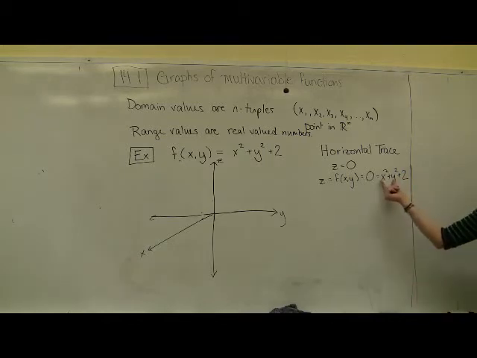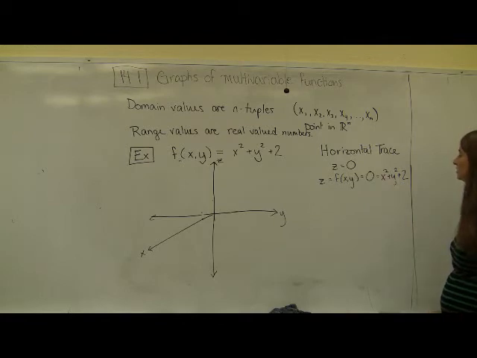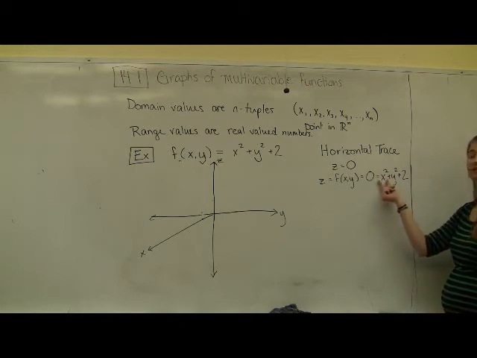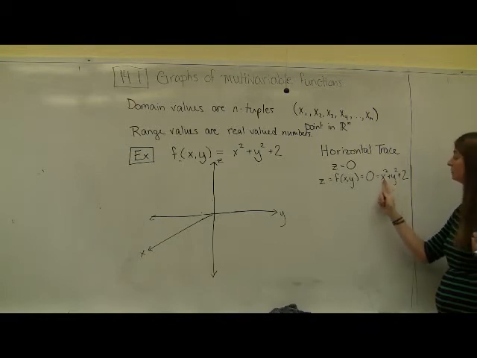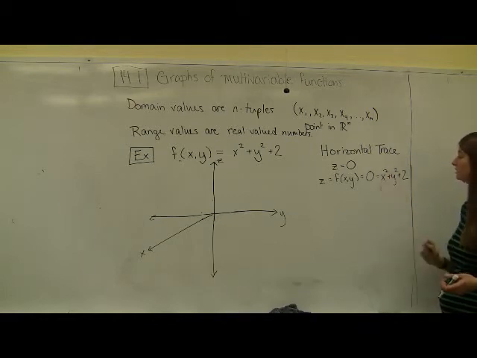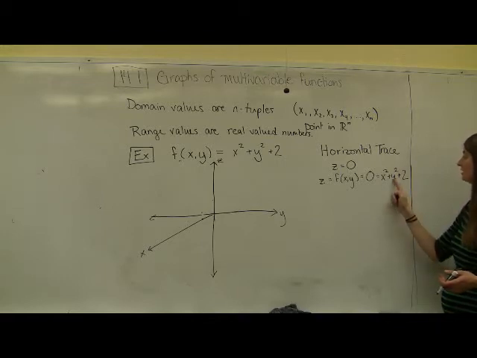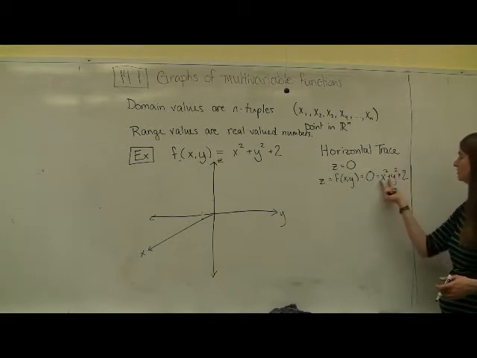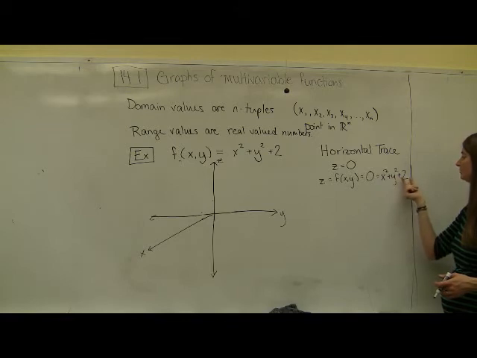So I need to know what x and y values I can plug into this that give me an output of 0. X squared is always going to be a positive value, because if I plug something in and square it, whether it was originally negative or positive, squaring it makes it positive. Y squared is also a positive value, so I have something positive plus something positive plus 2. It's not going to work.